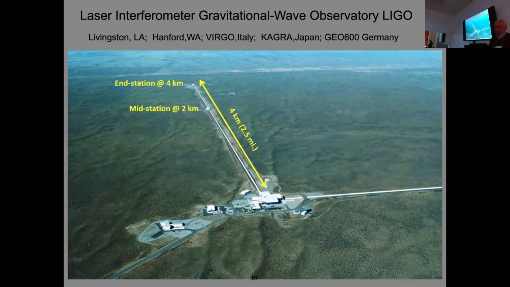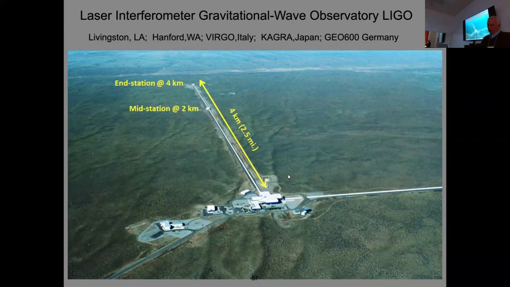This is one of the two laser interferometer gravitational wave observatories. Gravitational waves were first predicted by Einstein, who said we'd never detect them, but he was wrong about that. The way to detect them is that you have this thing with two arms, and you send light across the arms back and forth.